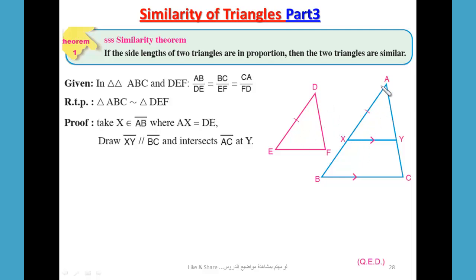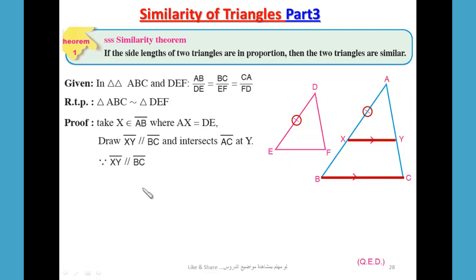Don't forget that AX equals DE. And we draw XY parallel to BC and intersecting AC at Y.